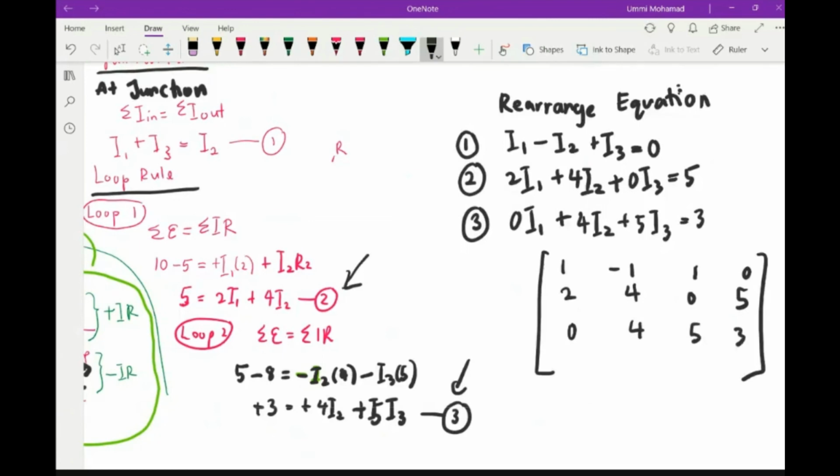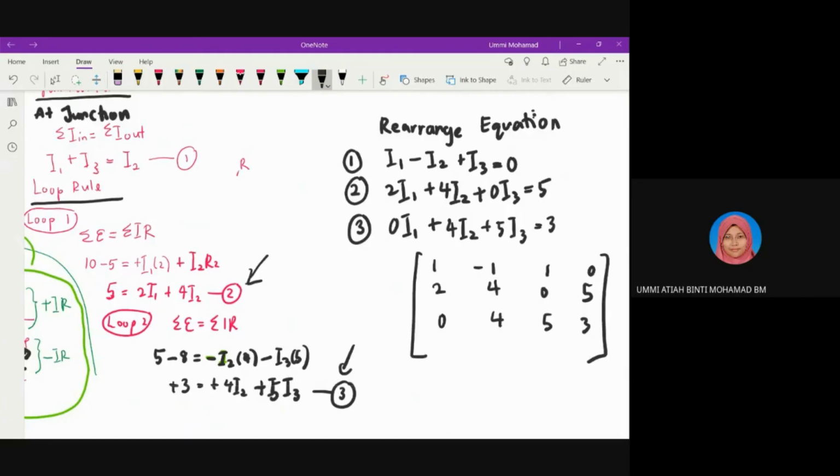This is the matrix form that you can have. Then using these numbers, you insert them into your calculator. Next you'll see how we press the calculator to solve Kirchhoff's laws. That's all from me. Hopefully you understand what I have explained just now.